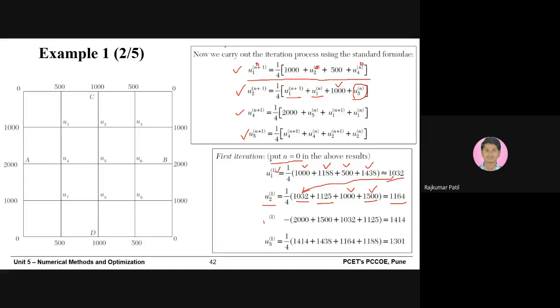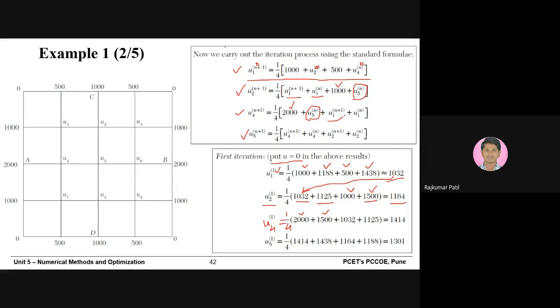Similarly, U4 raised to 1 is equal to 1 by 4, 2000 as it is. U5 raised to 0 is taken from the previous iteration.